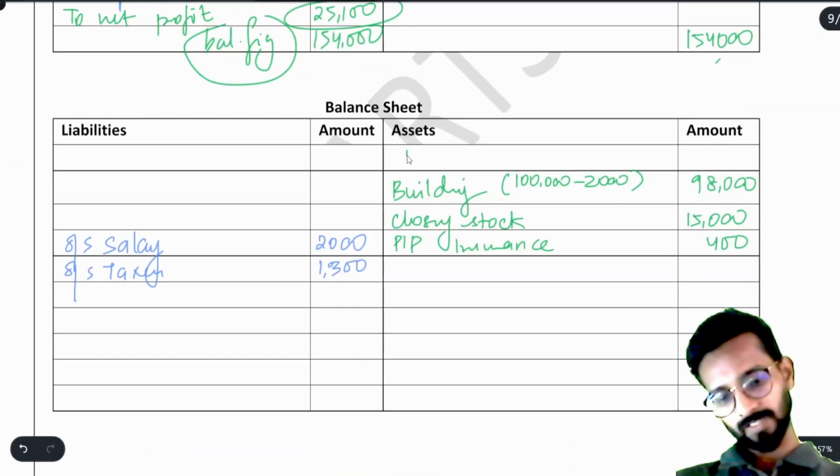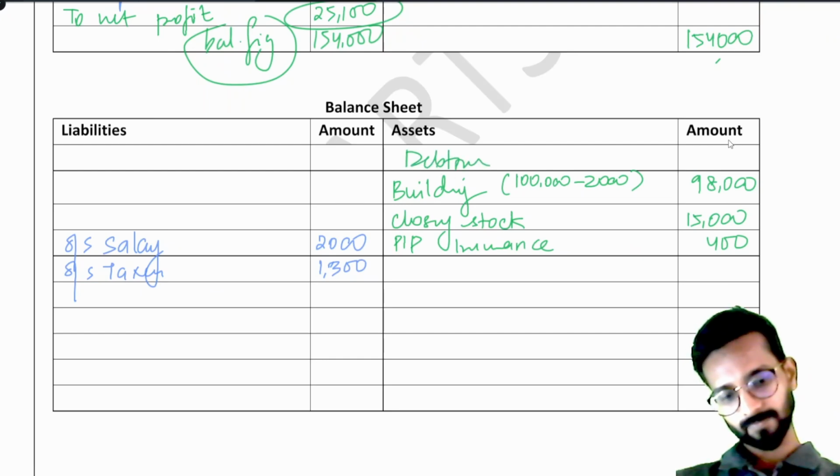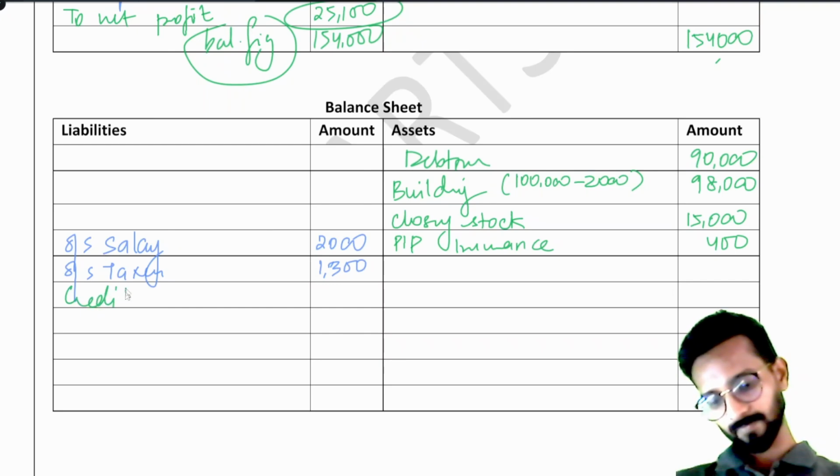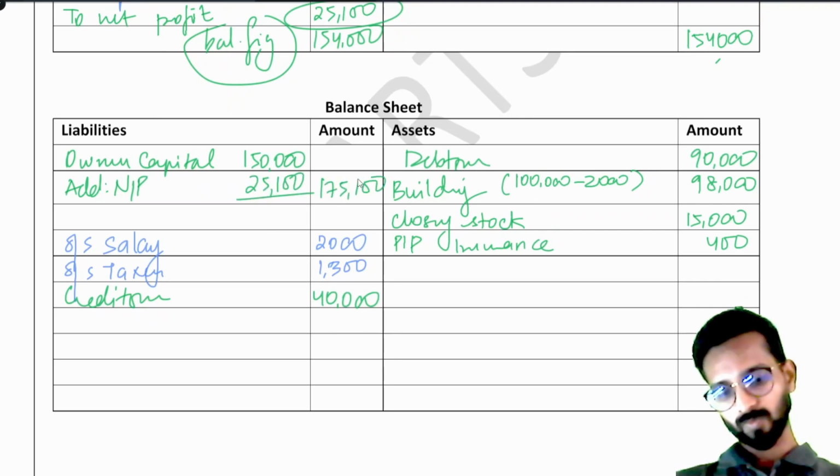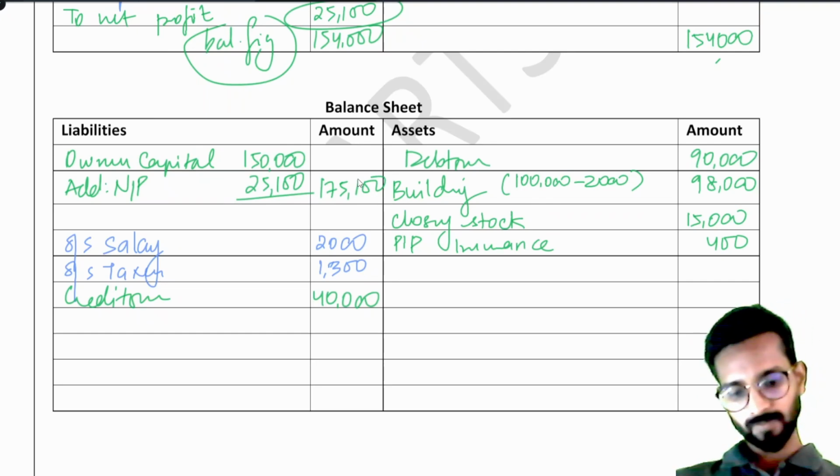I am writing here debtors, creditors, then your owner's capital 1,50,000, add net profit 25,100, it will be 1,75,100. Understood?